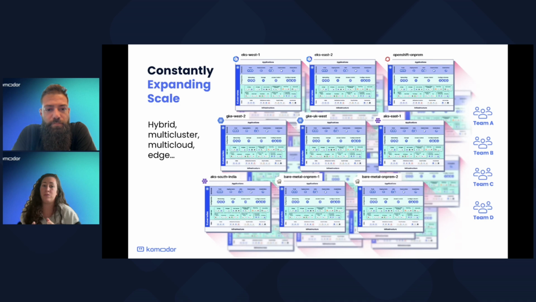So in order to tame that Kubernetes chaos, you need to invest a lot of time and resources. Yeah, and we can see here that you have different regions, different distros, cloud providers, some are on-prem, some are edge, and it's all part of the same organization, same infrastructure.